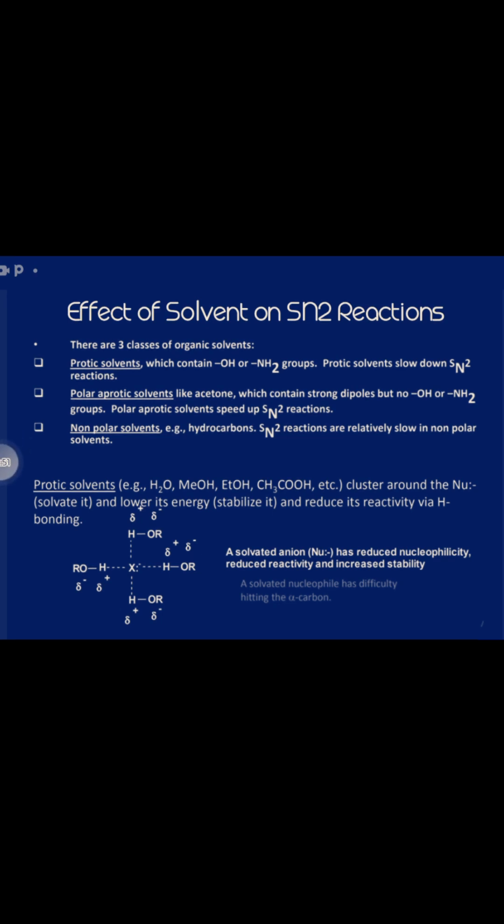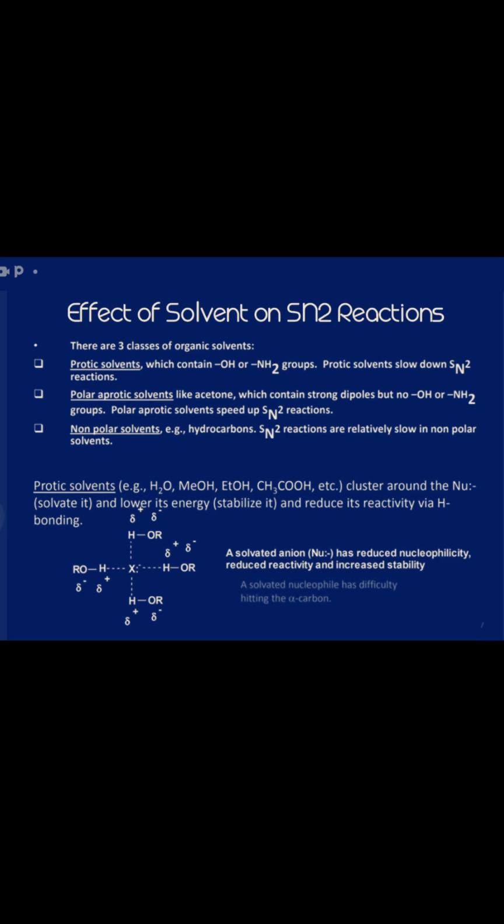Non-polar solvents, for example hydrocarbons: SN2 reactions are relatively slow in non-polar solvents. Protic solvents, H2O, MeOH, etc., cluster around the nucleophile and lower its energy, stabilize it, and reduce its reactivity via hydrogen bonding.